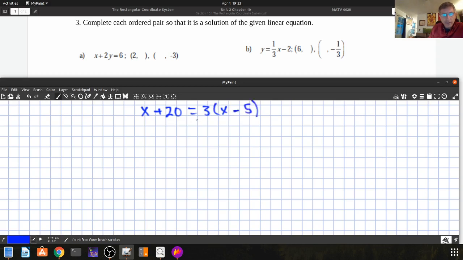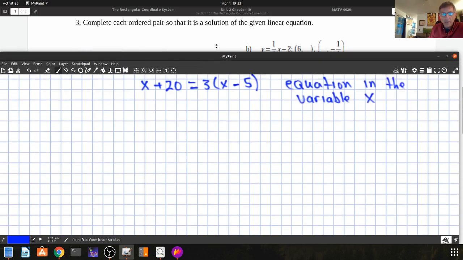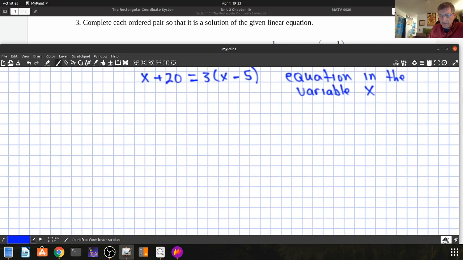That's an equation, because you see the equal sign there clearly. This is called an equation in the variable x, because our only variable is indeed the variable x.